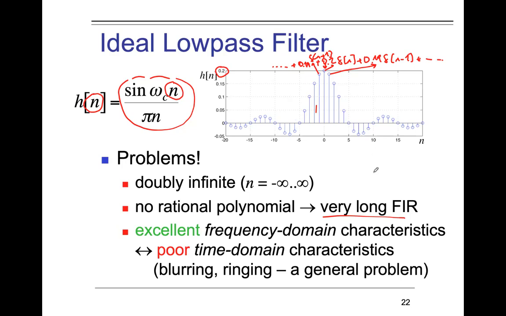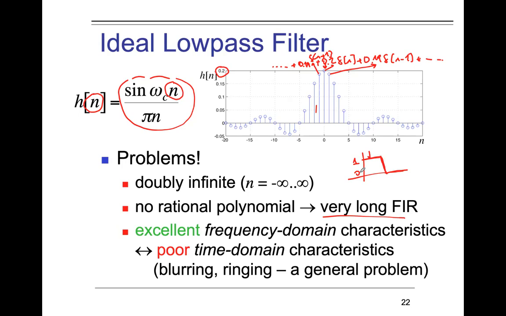So in terms of the frequency domain, it is perfect because it is passing all wanted signals by multiplying by 1, and it is removing all unwanted parts by multiplying by 0. Life is a trade-off. You gain something, you lose something.